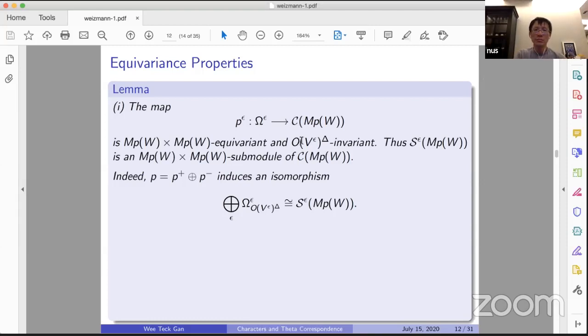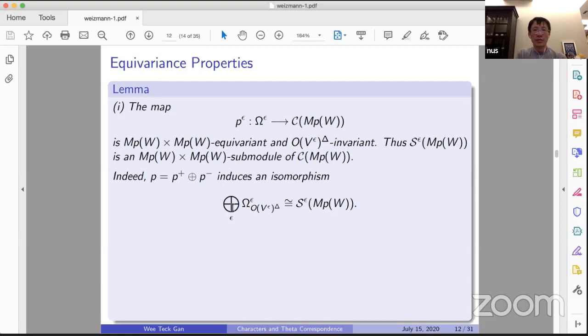As a result of this equivariance property, the space of test functions is actually an MPW cross MPW submodule of the Harish-Chandra characters space. Also, because this map is invariant under OV diagonal, it factors through the co-invariants of omega by OV diagonal.